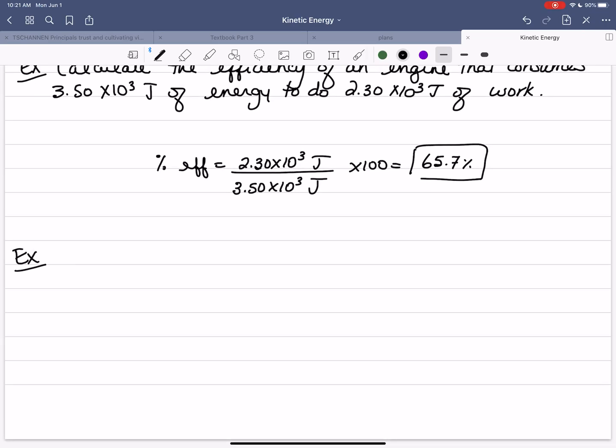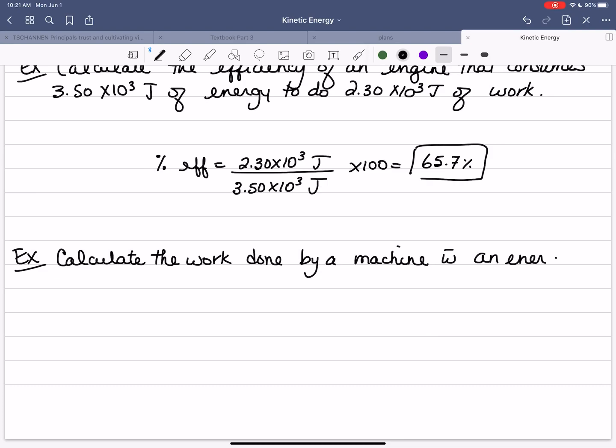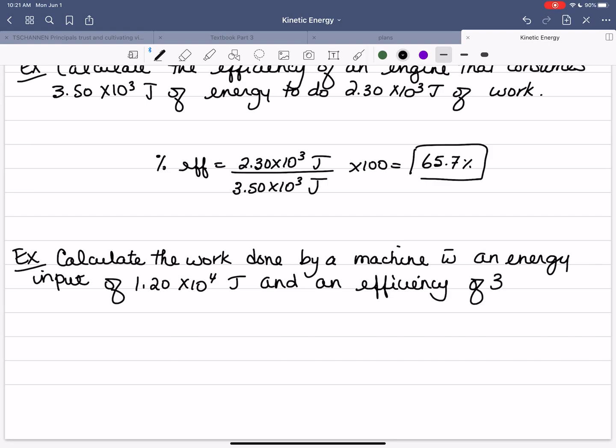Okay. What about if I was doing some manipulation of the formula? Calculate the work done by a machine with an energy input of 1.20 times 10 to the 4 joules and an efficiency of 35%.